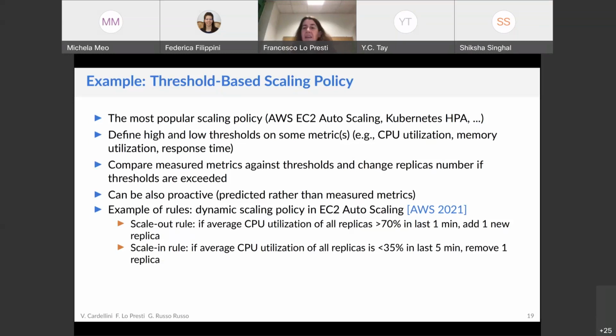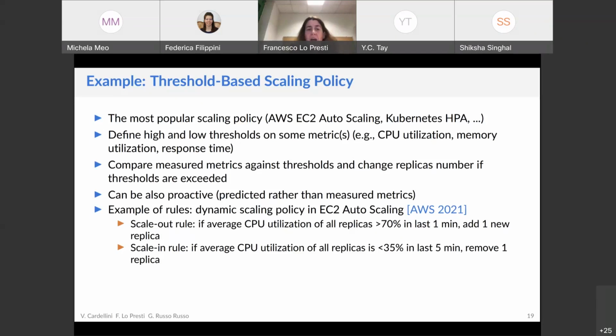So you can have both system-oriented metrics or user-oriented metrics. And the idea of this basic policy is that the policy compares these measured metrics against thresholds and changes the replica numbers if the thresholds are exceeded.